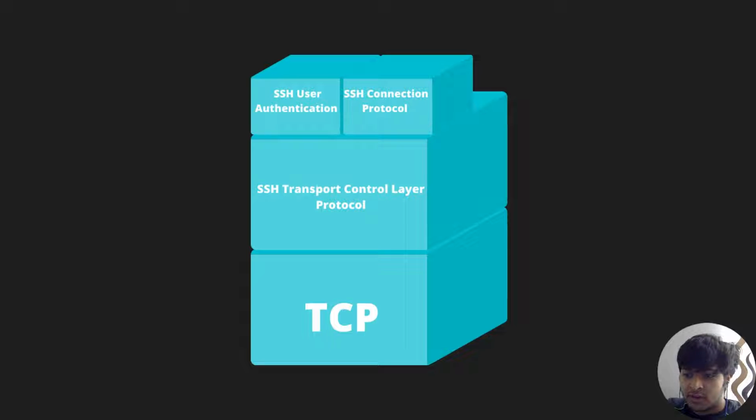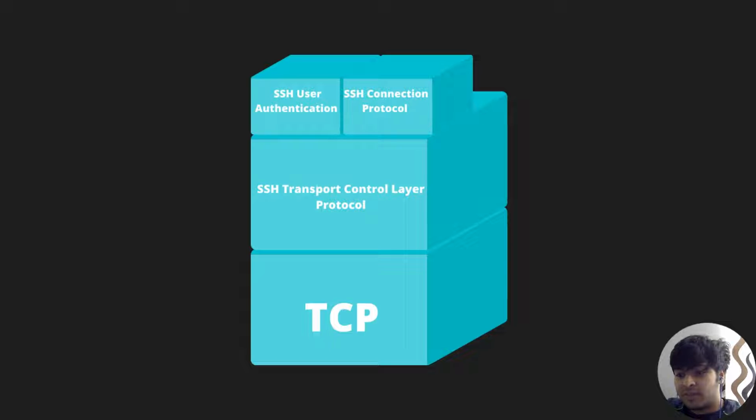In other words, there isn't only one logical connection between a client and a server with everything going through it. Instead, there are multiple channels created. For example, one channel is for one session and another one is for port forwarding and so on.